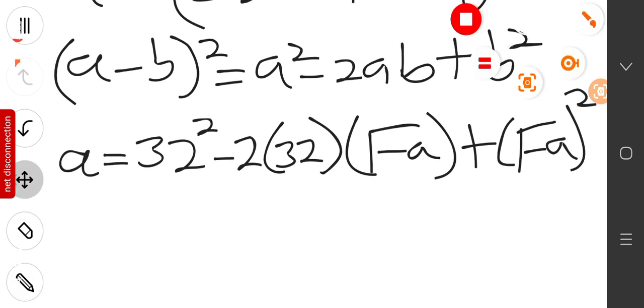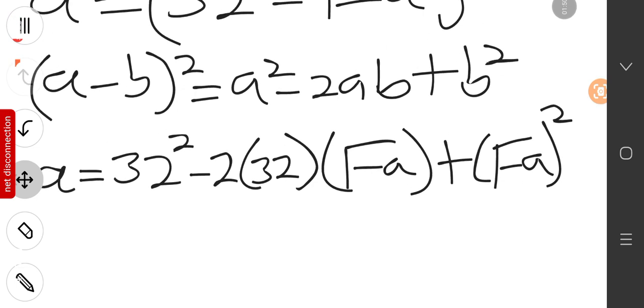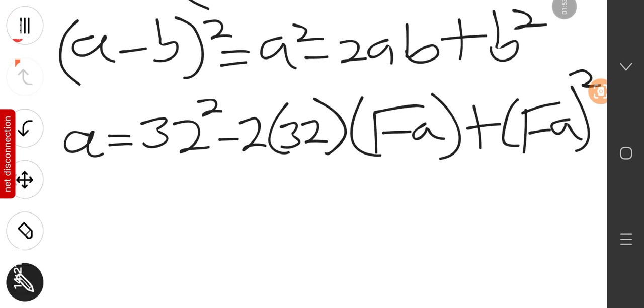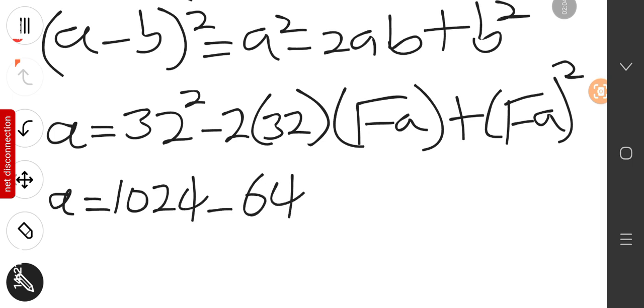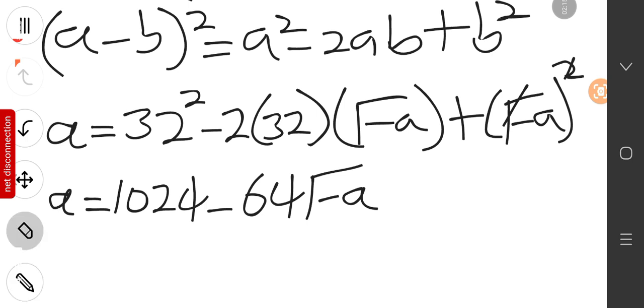So our equation becomes a equals, now 32 squared is 1024, minus, this gives us 64 multiplying the square root of minus a, plus this square cancels this square root, so you have minus a.